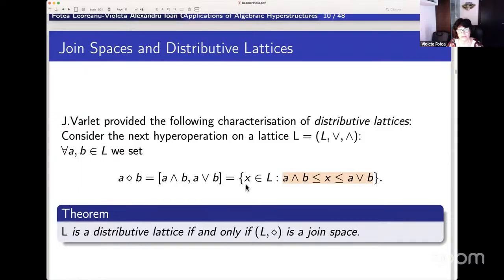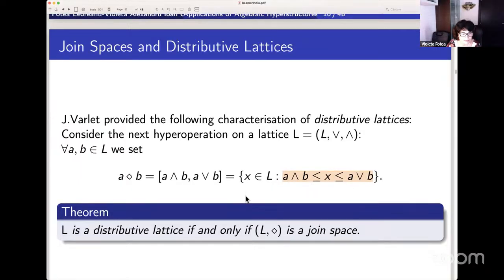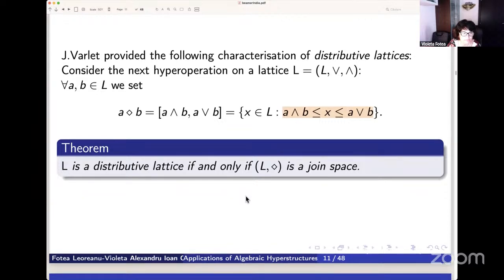So we consider all elements X of the lattice such that X is between the meet and the join of A and B. And a famous result established by Varlet says that L is a distributive lattice if and only if L is a Jones space endowed with the above hyperoperation.